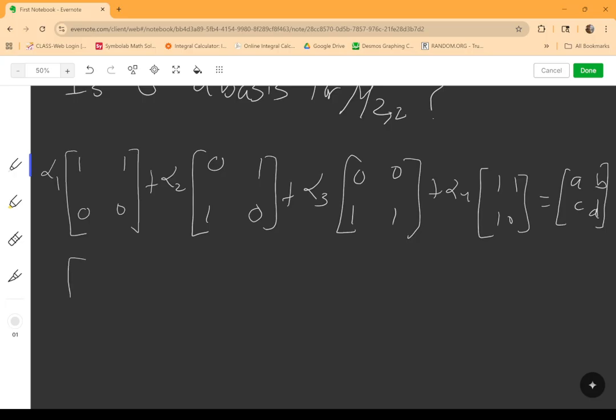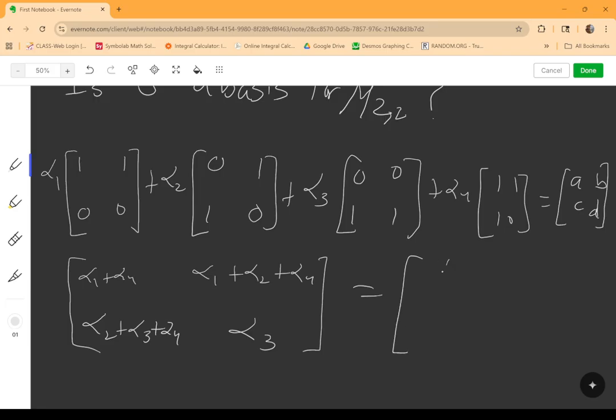All right, so through our scalar multiplication and addition, the standard operations that I defined previously, we get alpha 1 plus alpha 4, alpha 1 plus alpha 2 plus alpha 4, alpha 2 plus alpha 3 plus alpha 4, and we get alpha 3. That equals A, B, C, D.